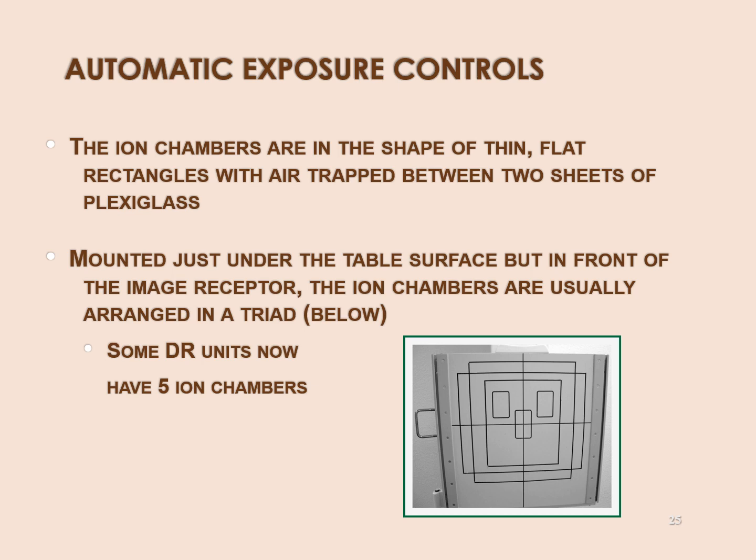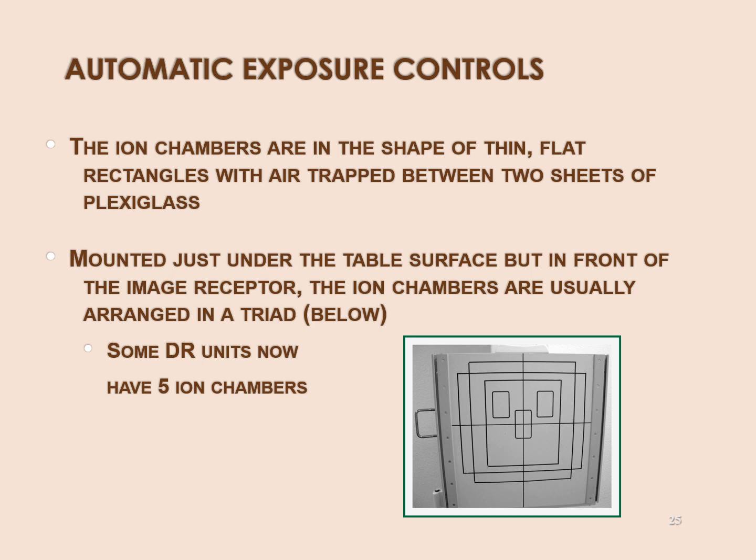and you can arrange them. Typically, the early iterations of AECs are the Mickey Mouse configuration, right? Two ears and a face. That is a left and a right ion chamber, and then a center ion chamber. Sometimes they're called cells, like center cells, outer cells, that kind of thing.